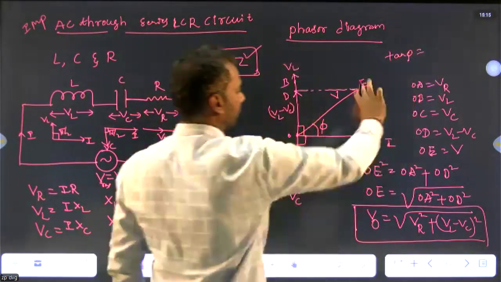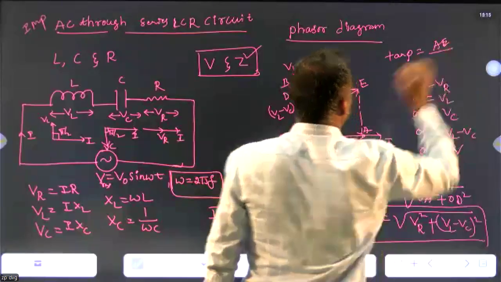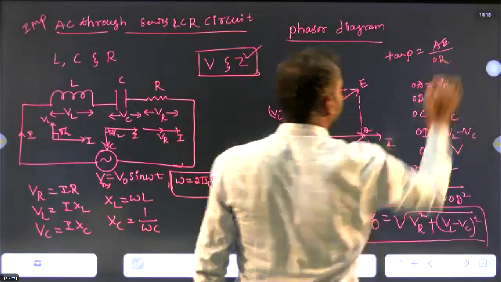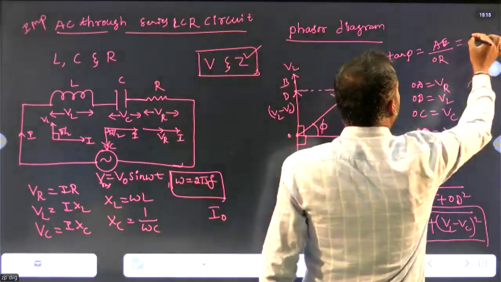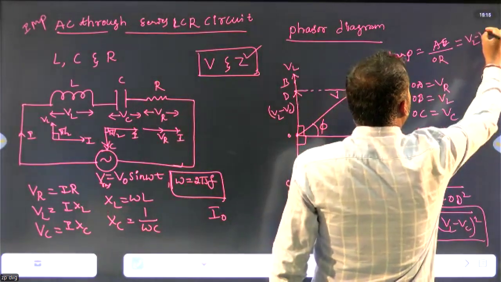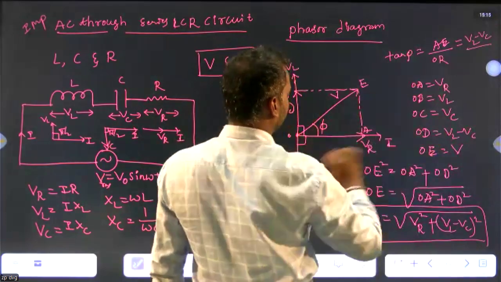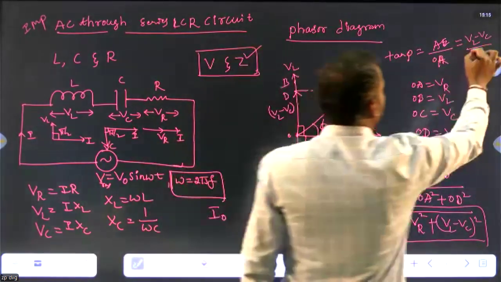Tan phi is equal to the opposite side AE divided by the adjacent side OA. What is AE? AE is equal to OD, which is equal to VL minus VC, divided by OA. OA is equal to VR.